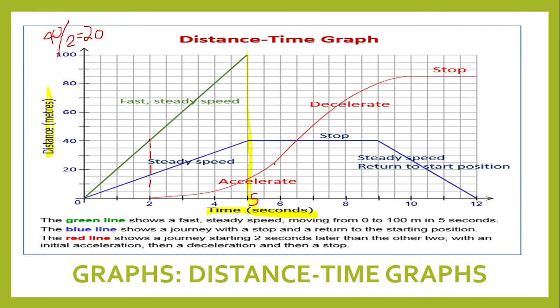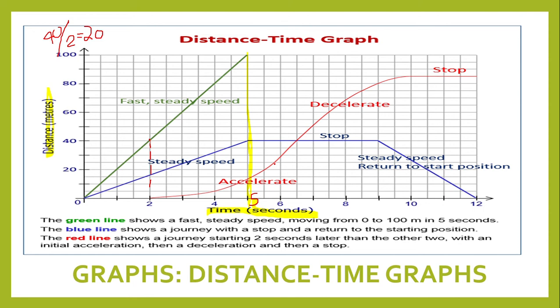And what quantity does y show? Y is the distance and x is the time. So y divided by x is distance divided by time. What is distance divided by time? It is speed. So that tells us that speed is given by the gradient of the distance time graph.